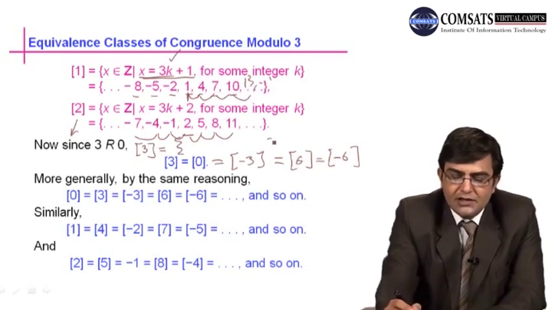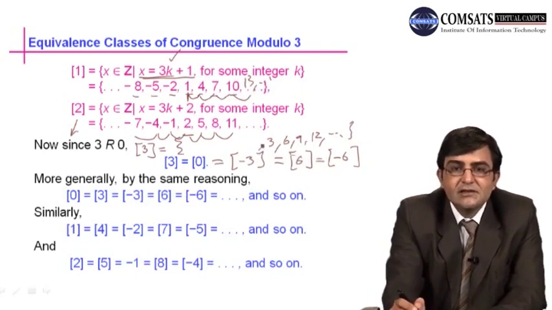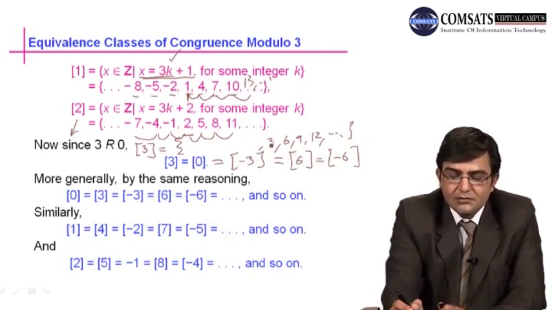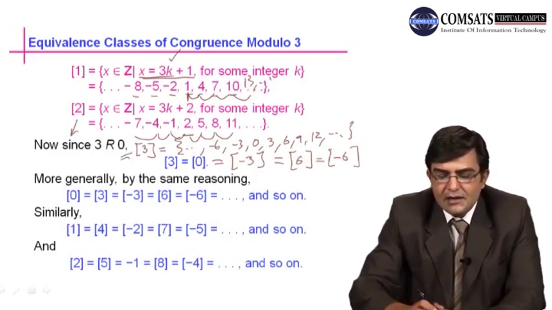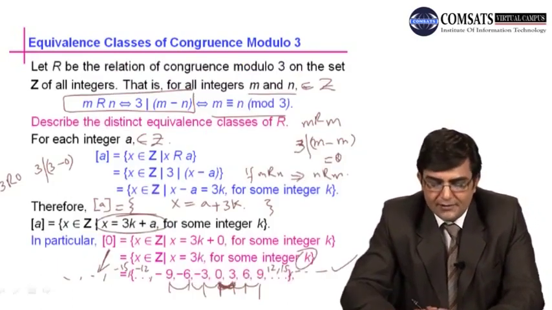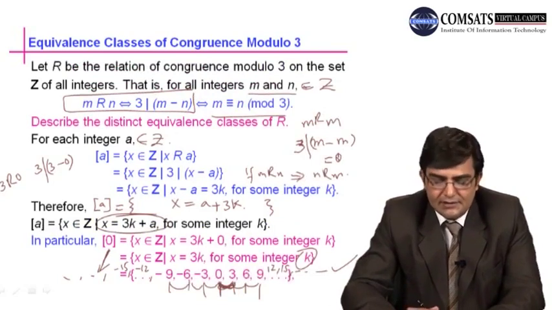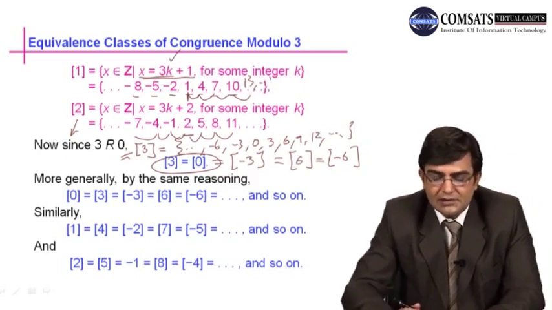We write 3 in the middle, and then we add 3 on the right hand side: 6, 9, 12, and so on. And on the left hand side we subtract 3. 3 minus 3 is 0, 0 minus 3 is minus 3, minus 3 minus 3 is minus 6, and so on. This class is exactly the same class as the class of 0. These two classes contain exactly the same elements. So we conclude that the equivalence class of 0 is equal to the equivalence class of 3.